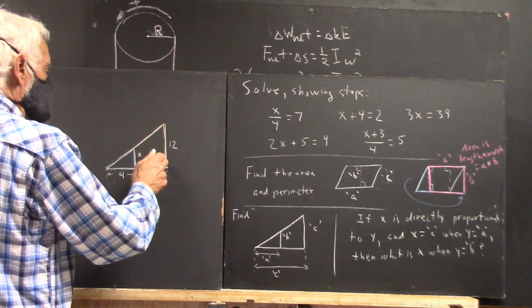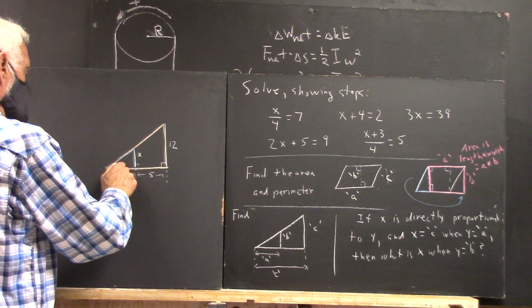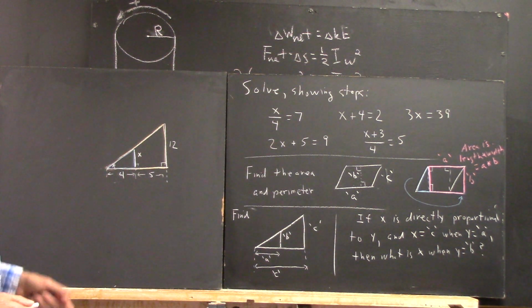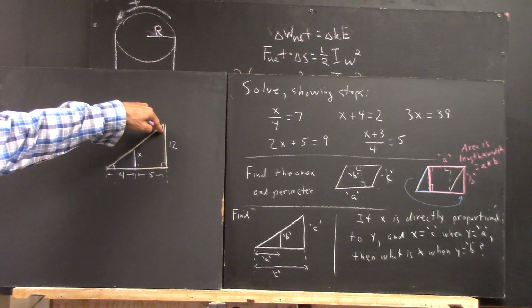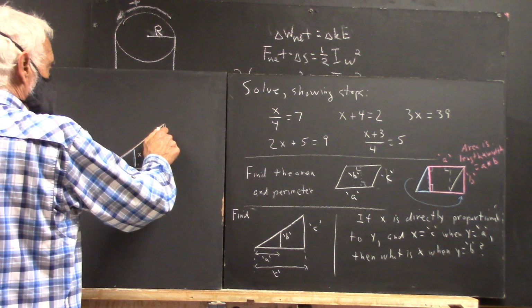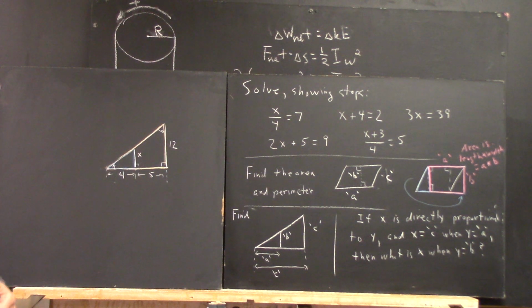This angle is the same as this angle. This angle is the same in both, right? And that means this third angle is the same in both, which it obviously is anyway. So they have all the same angles, so all the sides are in proportion.